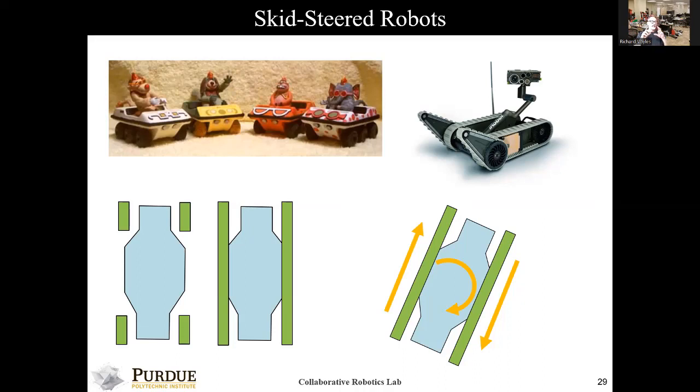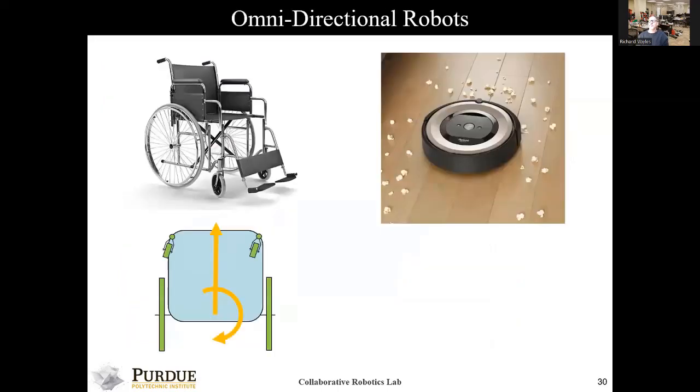But in both cases, there's a right side and a left side. And if you want to steer, you do it by just driving faster on the right side, and that'll steer you left. Again, differential. And you can, in fact, spin in place. So this is a category of omnidirectional robots because you can rotate in place and then take off in a different direction, for a skid-steered robot.